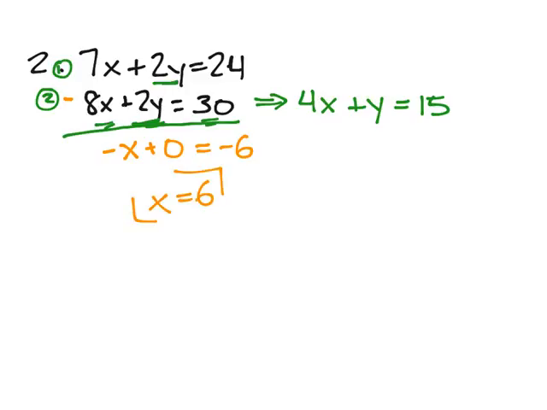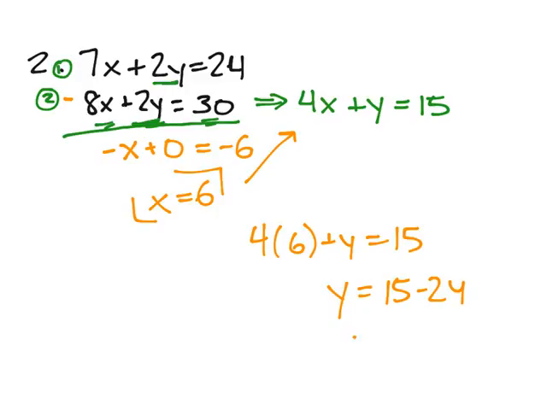And if we plug that back in, we can use our simpler equation: 4 times 6 plus y is equal to 15. Y is equal to 15 minus 24. Y is equal to minus 9. So our answer is 6, minus 9.